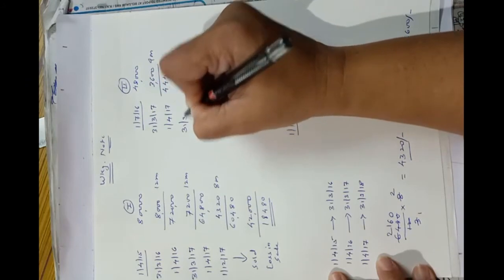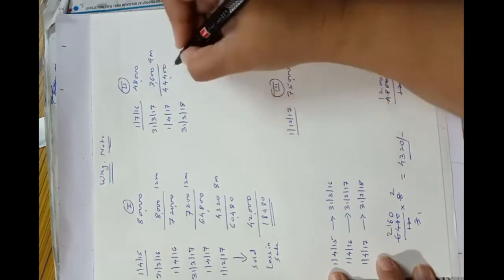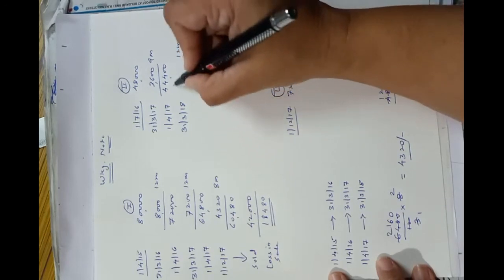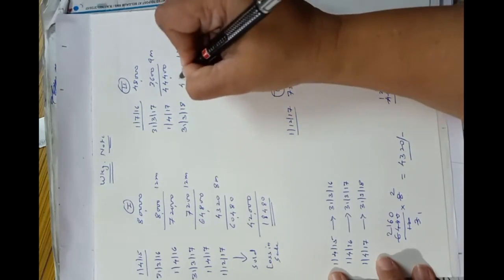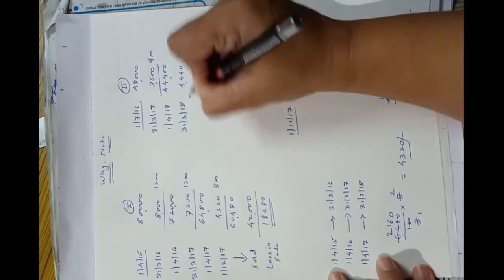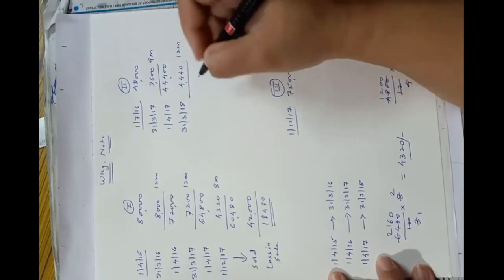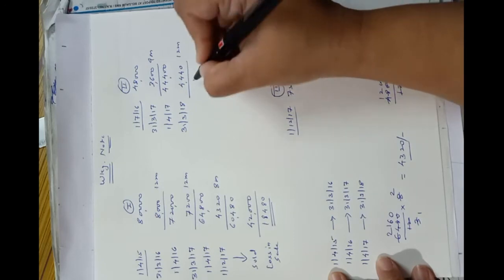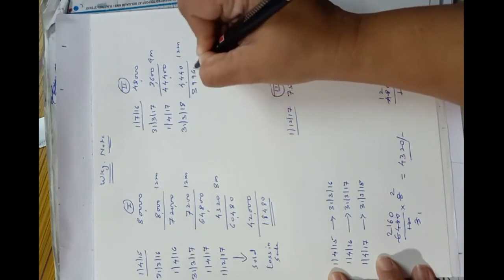Next depreciation will be deducted on 31st March 2018 for the full year, that is for 12 months. 10% of 44,400, that is 4,440. Okay, and after deducting it, the written down value will be 39,960.